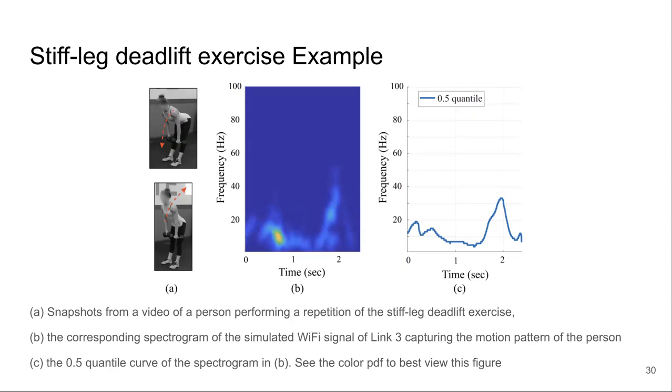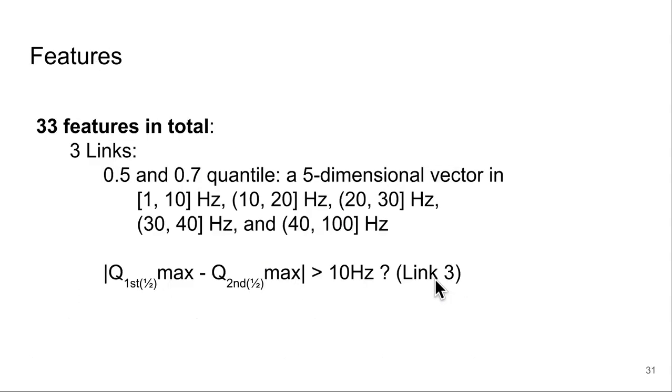So we can see that when a person's main body moves up, it results in the increase of frequency from T1 to T2. So in the end, we will have 33 features in each repetition. We calculate the histograms of the 0.5 quantile and the 0.7 quantile in a 5-dimensional vector in the following intervals: 1 to 10 hertz, 10 to 20 hertz, 20 to 30 hertz, 30 to 40 hertz, and 40 to 100 hertz.